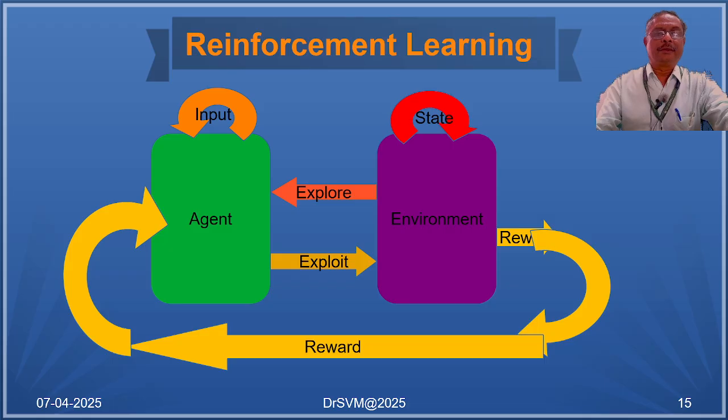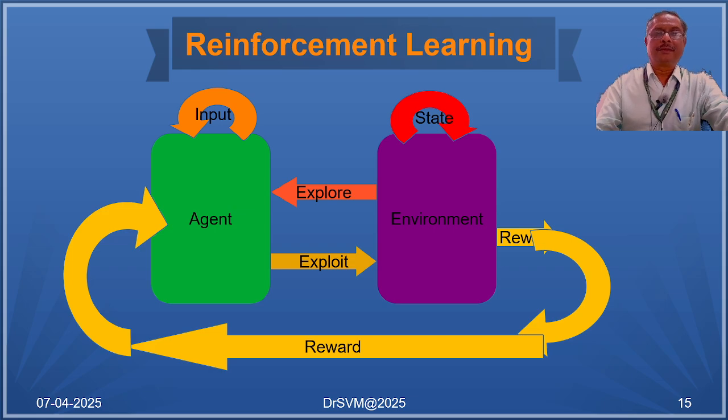So the agent now understands that from the previous action, something changed in the environment. That change in the environment created some reward, and that reward is positive or negative.